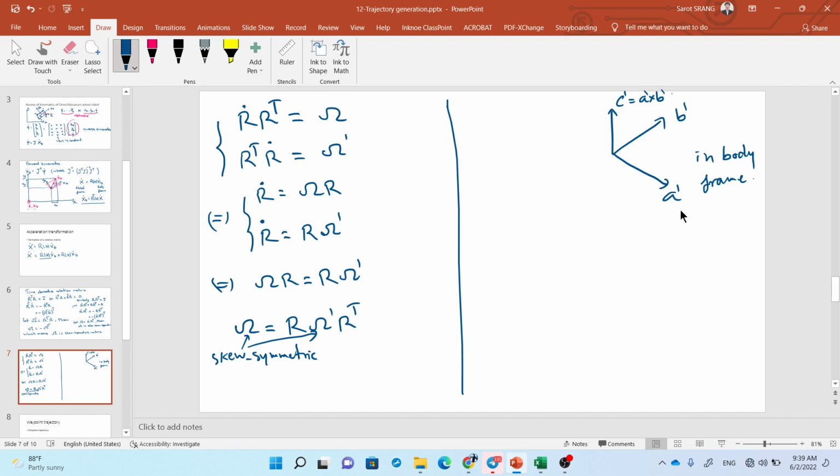So in order to transform all of them into the global frame, I apply the rotation matrix to the whole system here. So R C prime equal to R times A prime cross B prime.